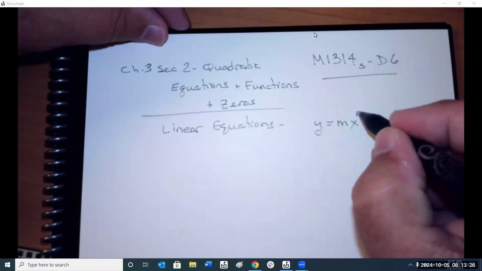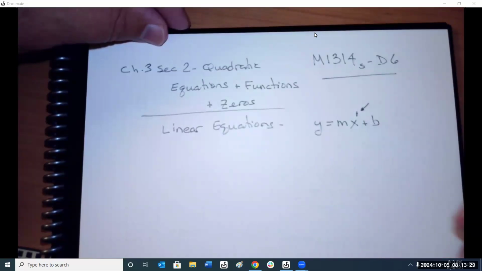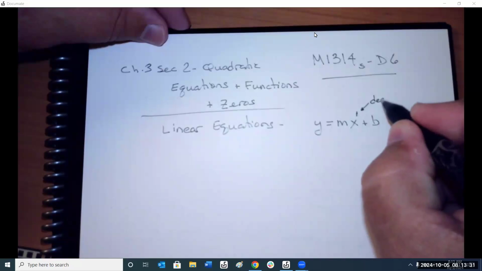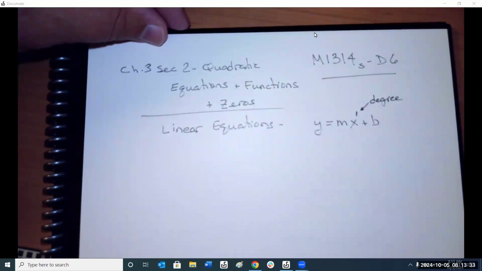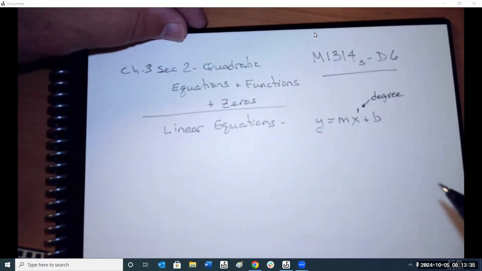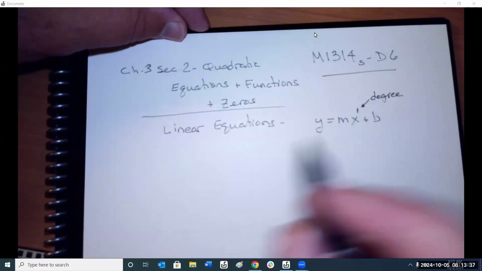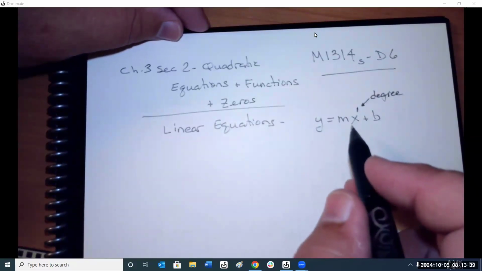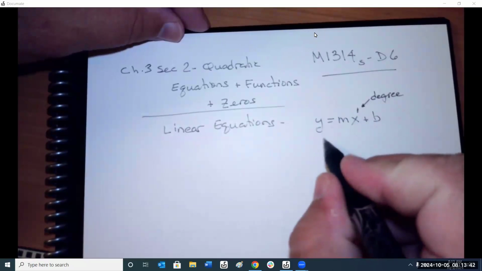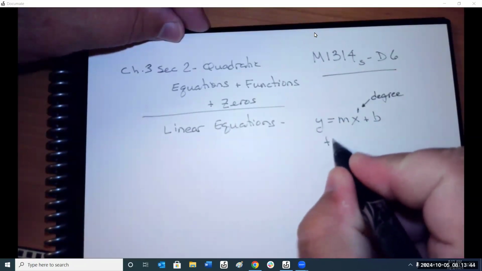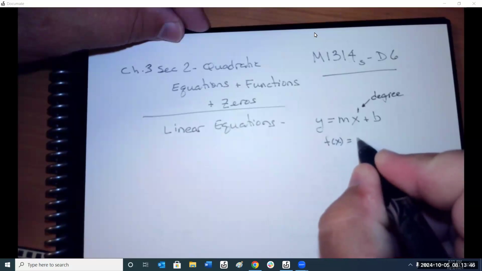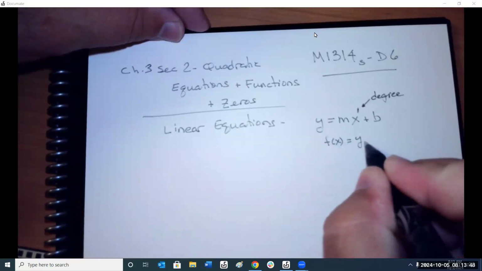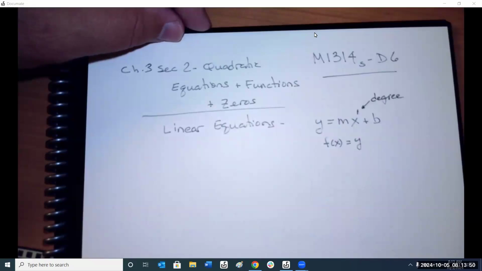This exponent is 1. We call that the degree. Also, remember, when we talk about functions, f of x is the same thing as y.